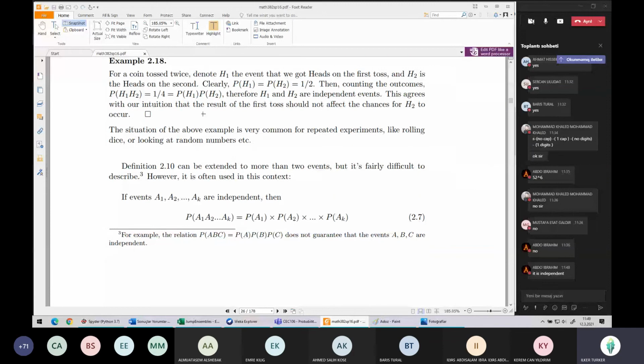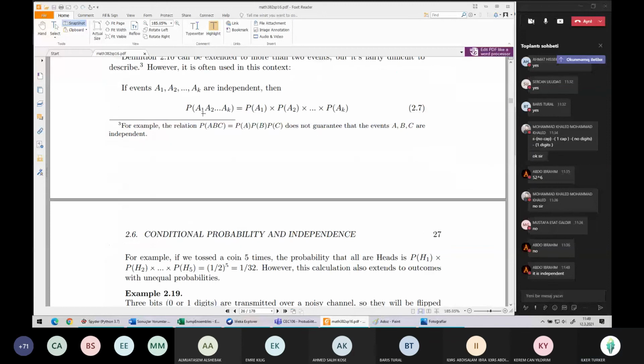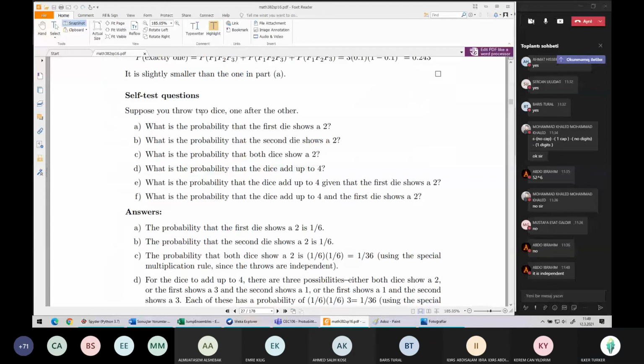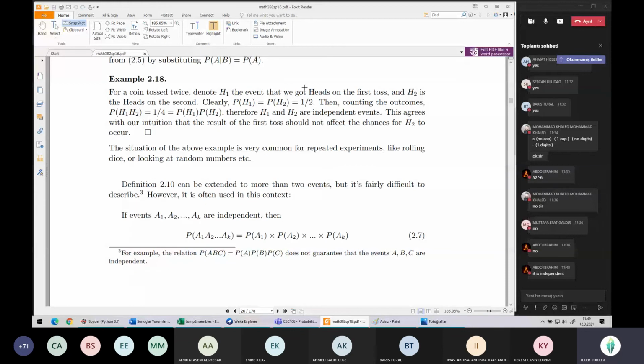For a coin tossed twice, denote H1 the event that we got heads on the first toss, and H2 the heads on the second. Clearly, P(H1) equals P(H2) equals 1 over 2. Then counting the outcomes, P(H1 H2) equals 1 over 4.